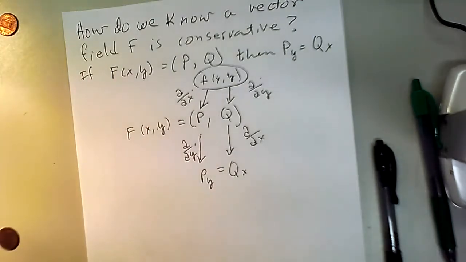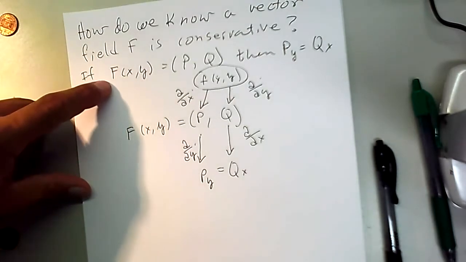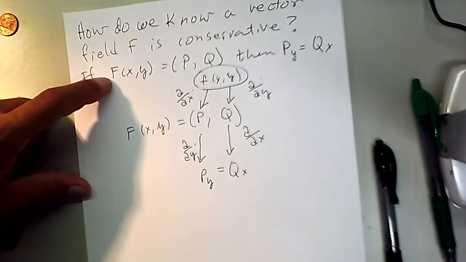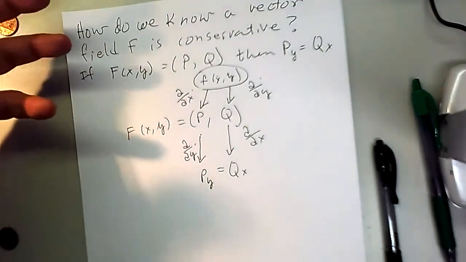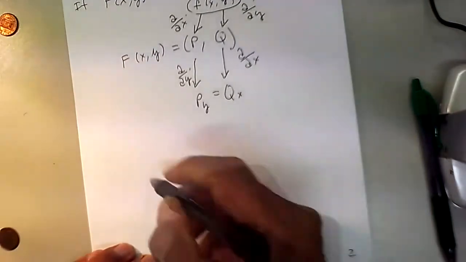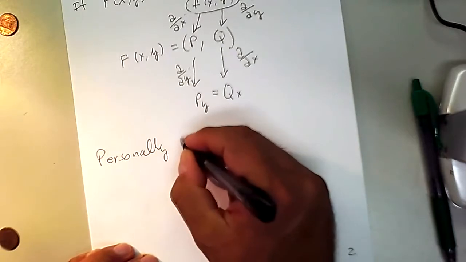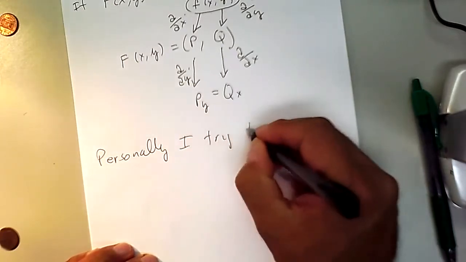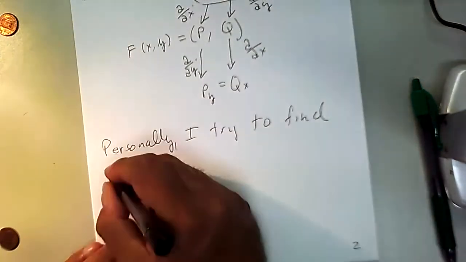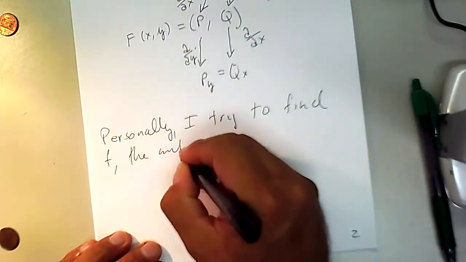Personally, and I'm speaking for myself, what I do oftentimes is try to find the antiderivative or the anti-gradient. If I find it, that means that the vector field is conservative. So I'm going to write that down. Personally, I try to find f, which is the anti-gradient.